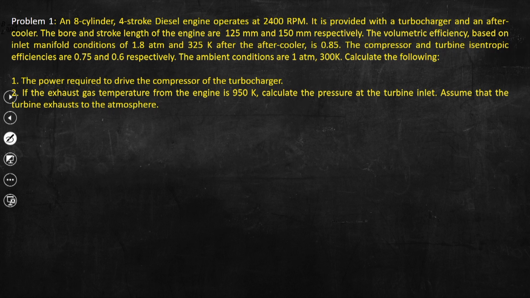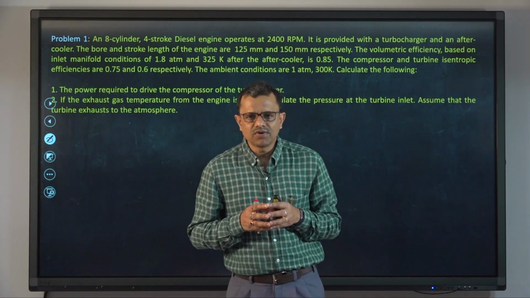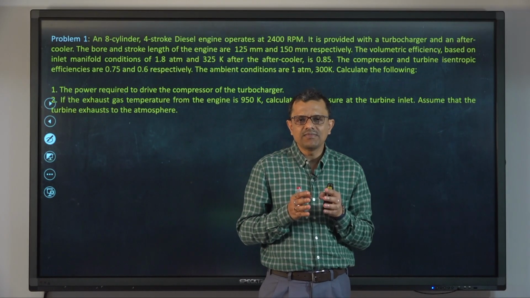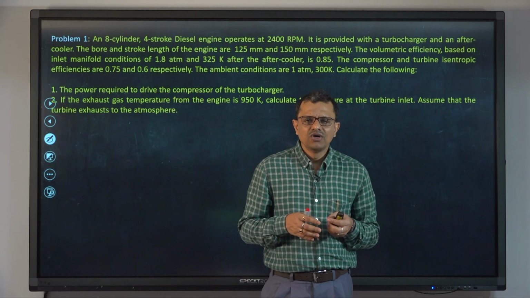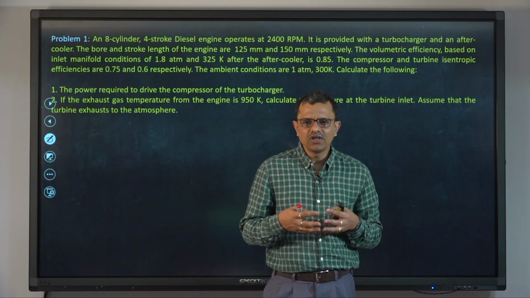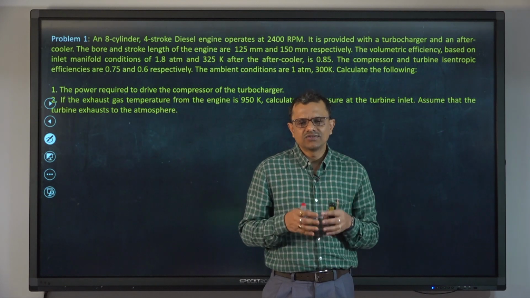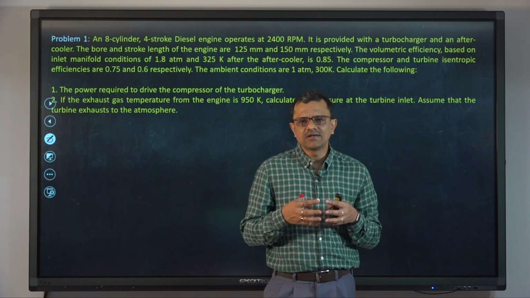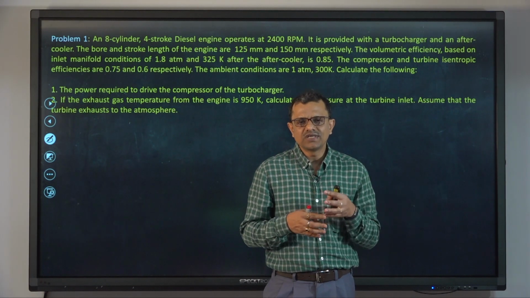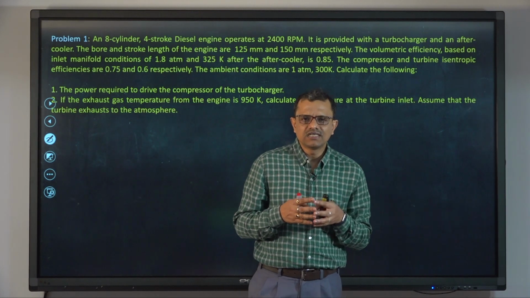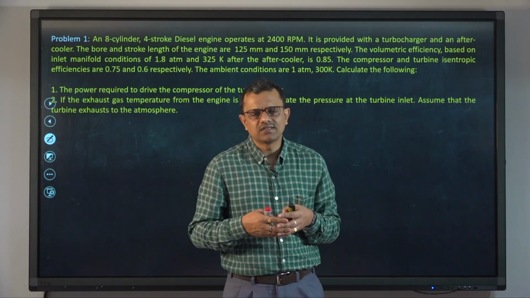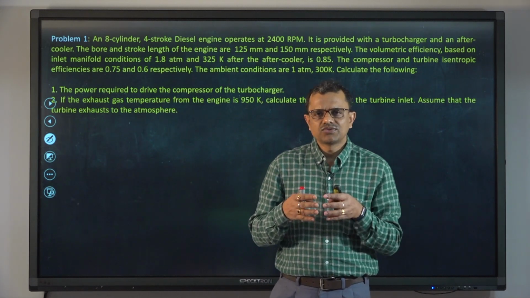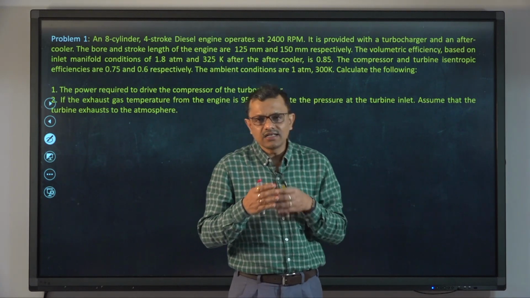So many data are given in this problem statement, and we can get a lot of information from it. So, first of all, let me schematically draw the turbocharging unit, rather the supercharging unit, which is equipped with our supercharger and turbocharger.